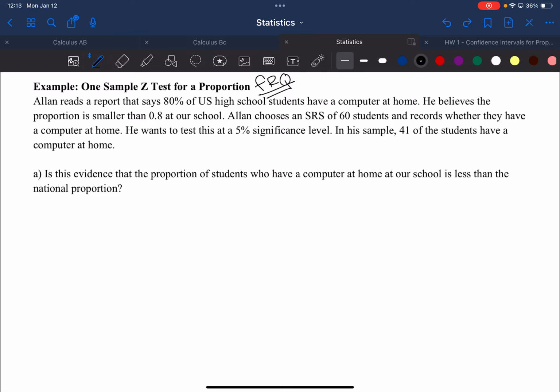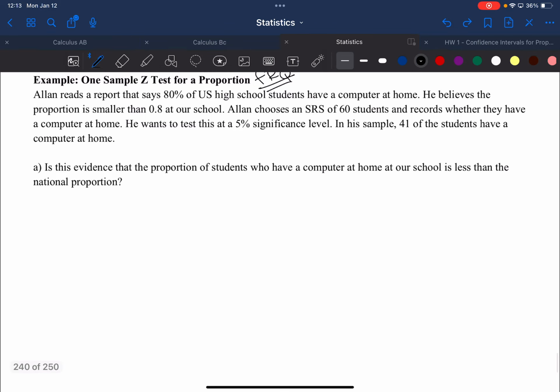So, where it breaks it up in part A, typically this is part of your original FRQ statement. It says, is this evidence that the proportion of students who have a computer at home is less than the national proportion? For this question, are we going to say yes and no? No, this is your cue to start doing the 4 C's for your FRQ. So, communicate. Do we write the 4 C's on our paper?